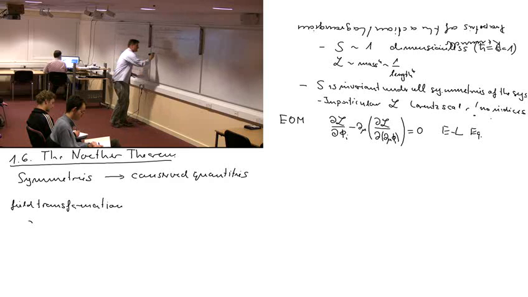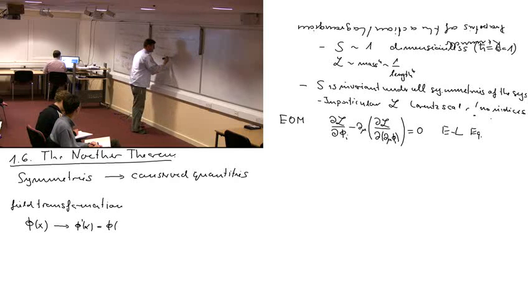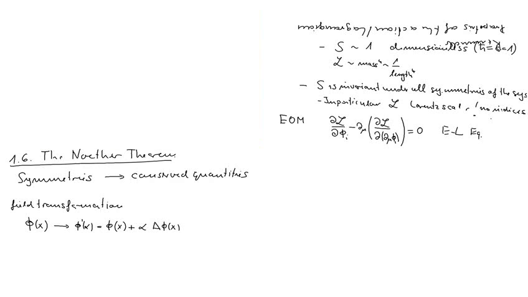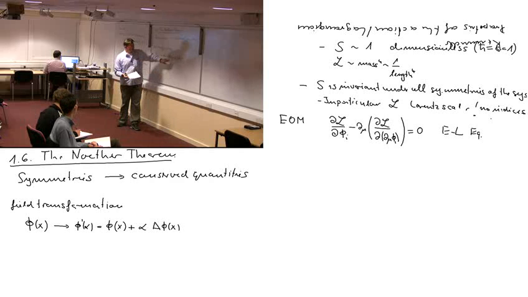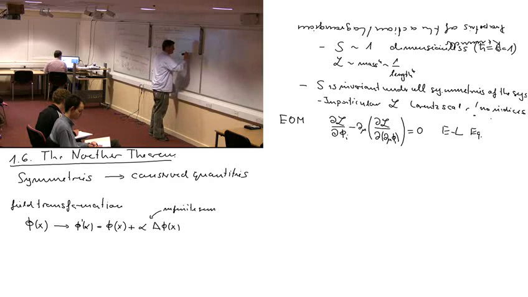And this field transformation takes our field phi into a new field phi prime, which is equal to phi of x plus alpha delta phi of x. And for simplicity, I assume that this is infinitesimal.